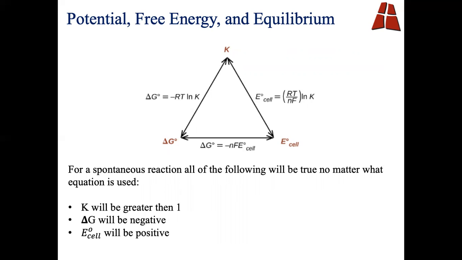All of these are equal to each other. For any spontaneous reaction, K will be greater than 1, delta G will be negative, and our cell potential will be positive. The opposite is true for non-spontaneous reactions: K will be less than 1, delta G will be positive, and E cell will be negative.